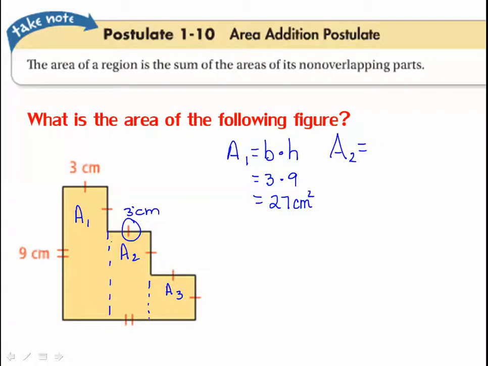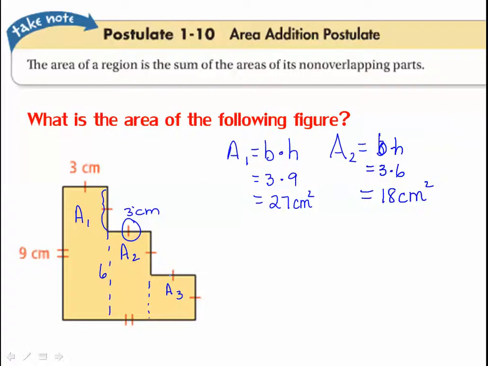The height is 9, take away 3, because I know that this distance is 3 and the whole distance is 9. So this distance here must be 6. So my base is 3 and my height is 6, or 18 square centimeters.